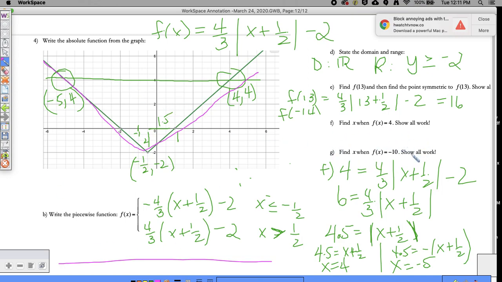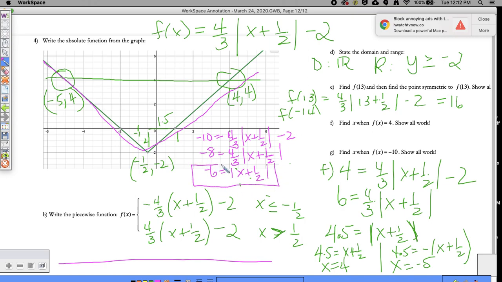So algebraically, we can show that there is no solution, and we can do it by doing -10 is equal to 4/3 times the absolute value of x plus 1/2 minus 2, and if I add 2 to both sides, I get -8 is equal to 4/3 times the absolute value of x plus 1/2. And then if I multiply both sides by 3/4, I'm going to get -6. So I get -6 is equal to the absolute value of x plus 1/2.